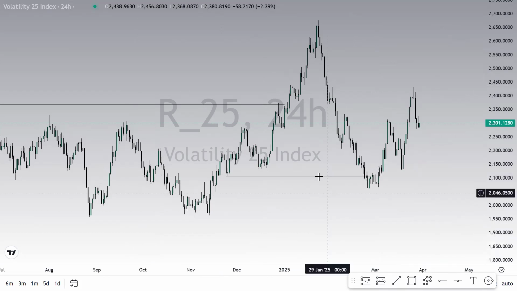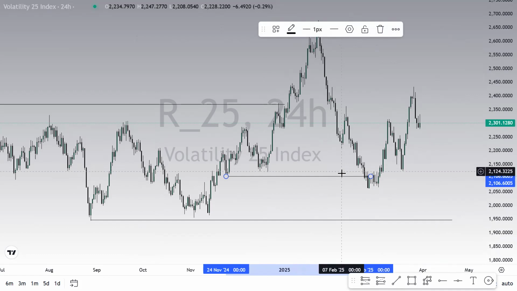So I am going to call this my projected inducement, of which I am also marking out on the higher time frame. Meaning that since this is my projected inducement, I am expecting market to come back to take it. That is what I am saying, right? I am expecting market to come back to take it, since it is a projected inducement for me based on my strategy.